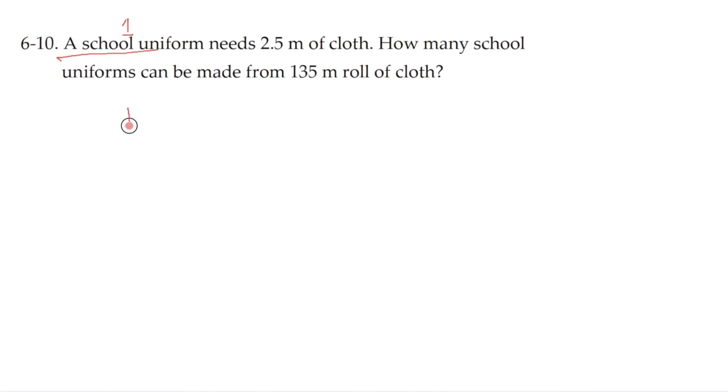So, we have the school uniform is 2.5 cloth or yung measurement ng cloth kada isang school uniform. So, we have 1 is to 2.5 equals, so dito ang nawawala is yung kung ilang school uniform yung magagawa natin.